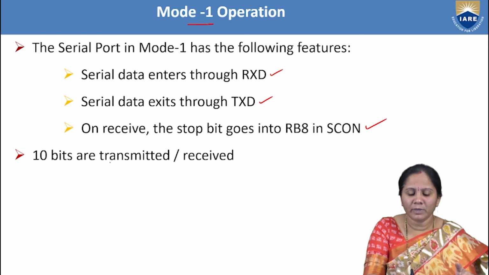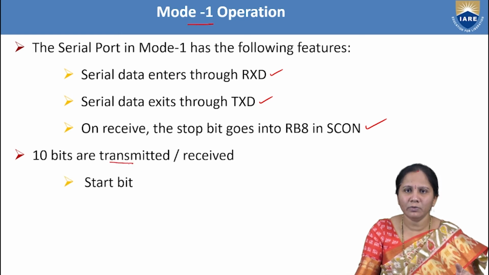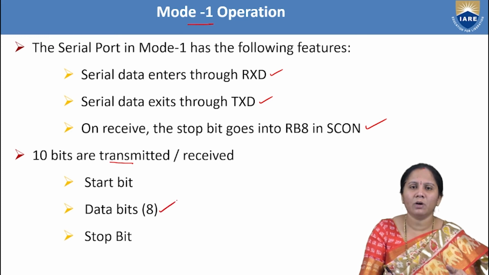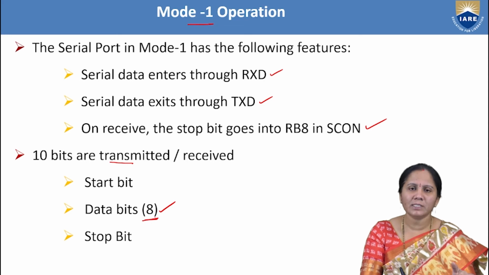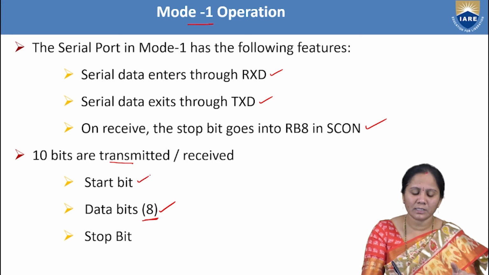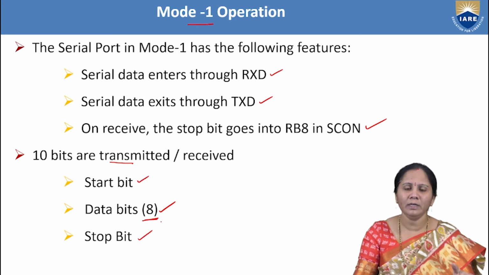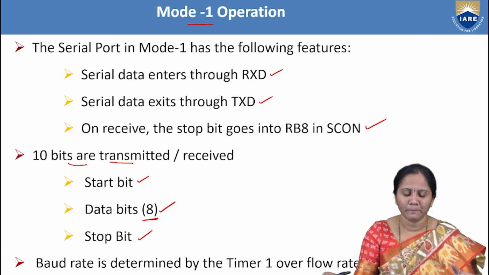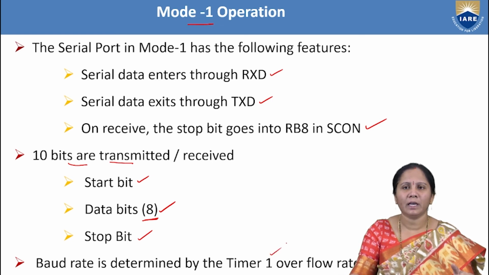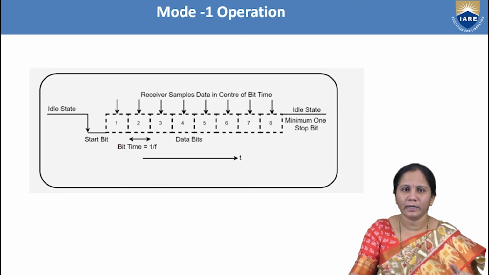Here 10 bits will be transmitted and received. What are the 10 bits? 8 bits are related to the data, that is the character. To these 8 bits, we add one start bit and one stop bit. So totally 10 bits will be transmitted and received. In mode 1 operation, the baud rate is determined by the timer 1 overflow rate.